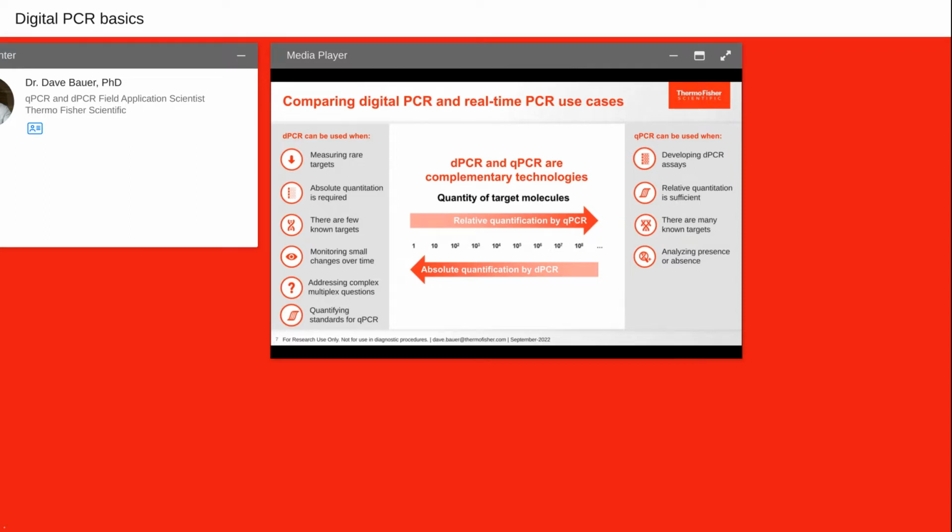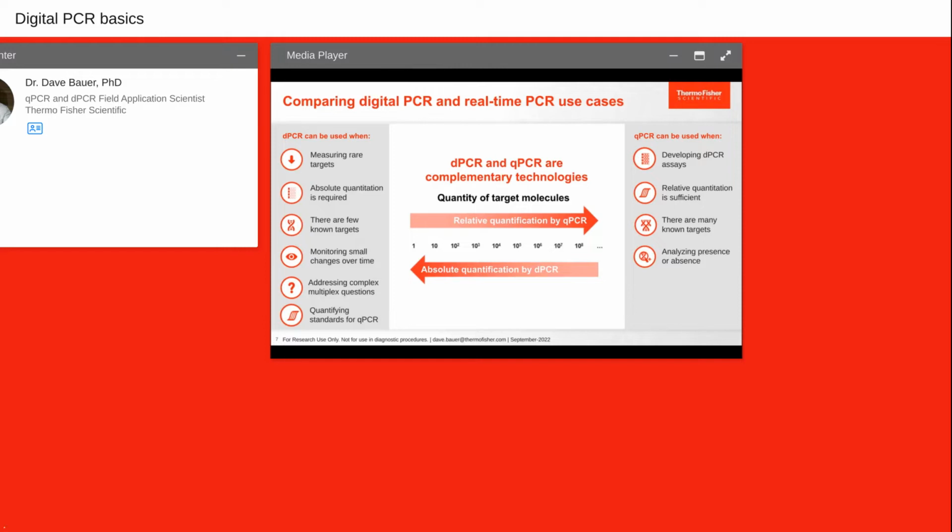One other big value of real-time PCR, in the middle of the slide here, is the dynamic range. Real-time PCR has a large working dynamic range where we can detect a handful of molecules, copies of our target, all the way up to millions or billions of copies of our target in the sample.